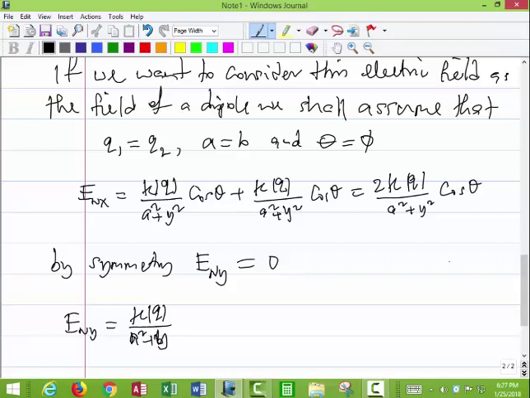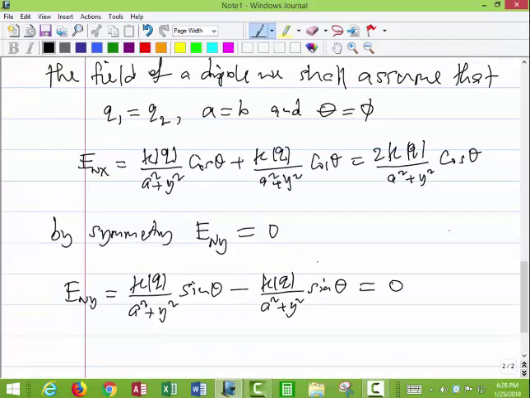Remember, we've already said that A is equal to B, so we have A squared plus Y squared, and this is sine theta minus KQ over A squared plus Y squared sine theta. So this is equal to 0. So by symmetry, the Y component of the electric fields will cancel out.